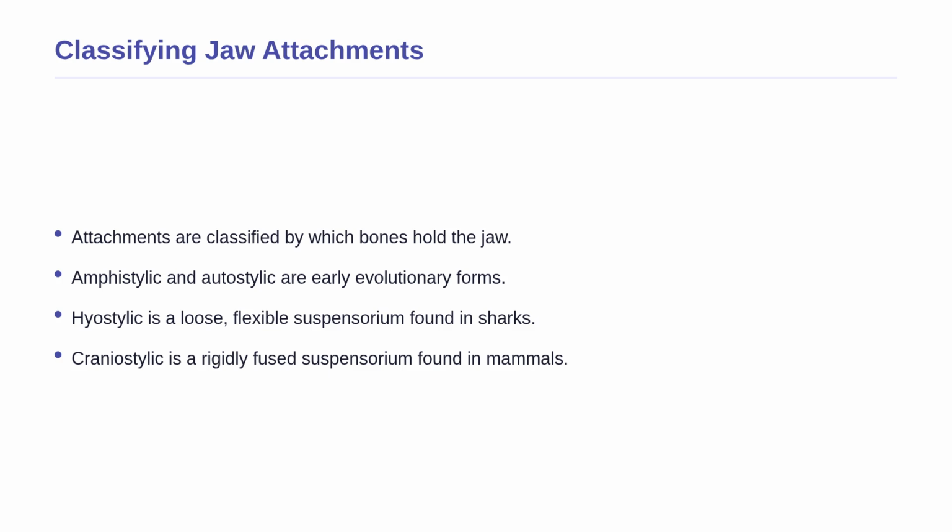For instance, a shark uses a loose, flexible hyostylic suspensorium to thrust its jaws forward and grab slippery prey. In contrast, mammals like us have a rigidly fused craniostylic suspensorium, which is built to withstand the immense pressures of chewing tough foods like nuts or roots.